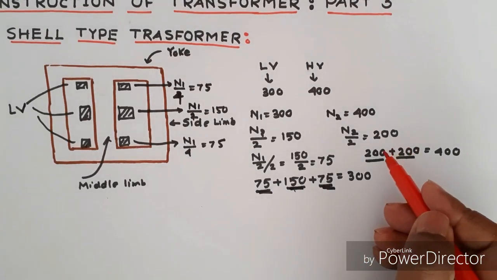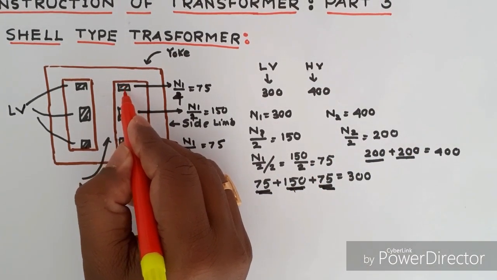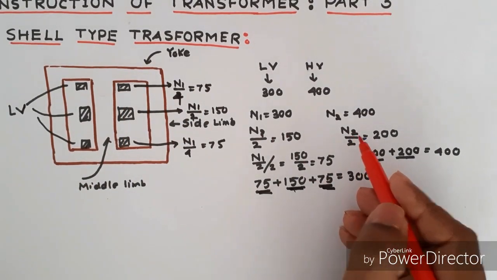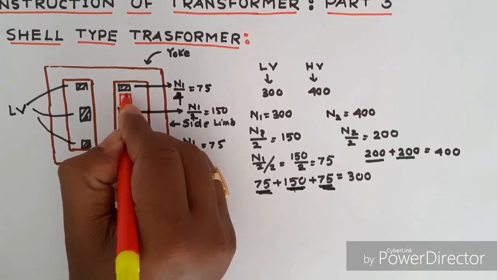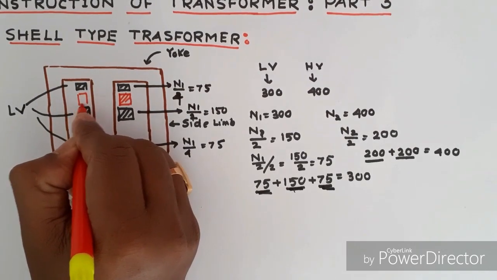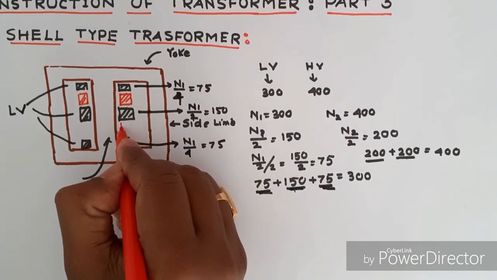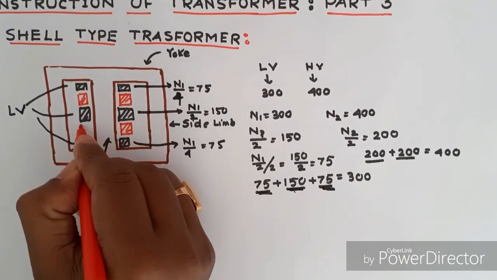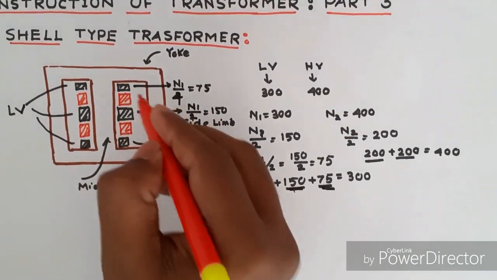Then the high voltage winding of 200 number of turns, that means N2 by 2, is placed between this upper LV winding and middle LV winding. Again, here we place the high voltage winding between the middle low voltage winding and lower low voltage winding.